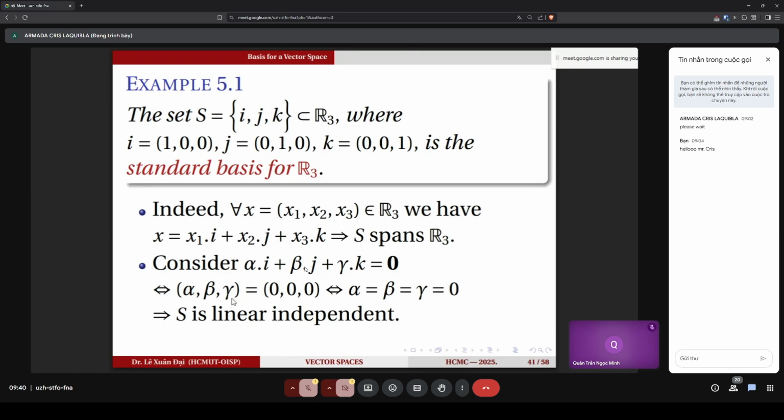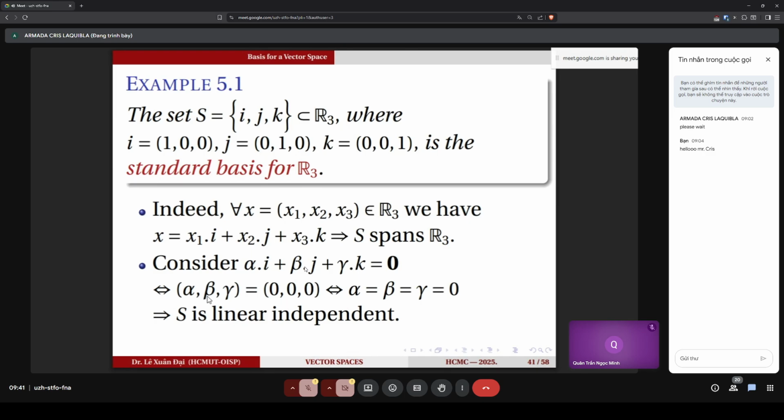And also, what he did here for linear independence, he just showed that if you multiply by alpha, beta, and gamma and equate that to 0, the numbers that we get for alpha, beta, and gamma are all zeros.